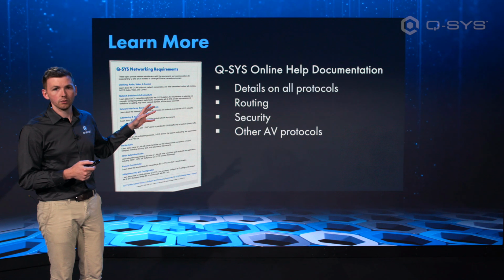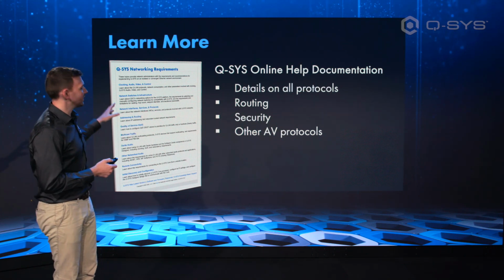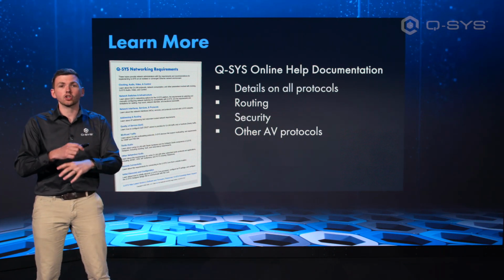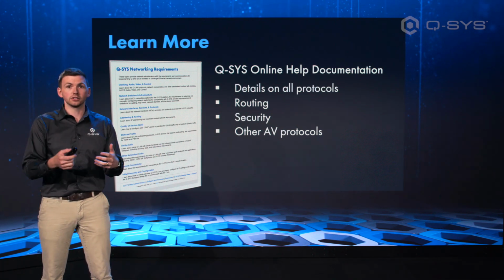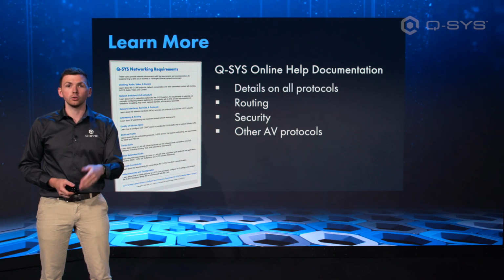Now, before you go, make sure you take a look at the link below, which is all about our Q-SYS online help. So you've seen this earlier when we talked about Q-SYS Reflect, but this doesn't just cover Q-SYS networking. This is actually everything to do with Q-SYS, whether you're designing, programming, installing, or working with Q-SYS networking.